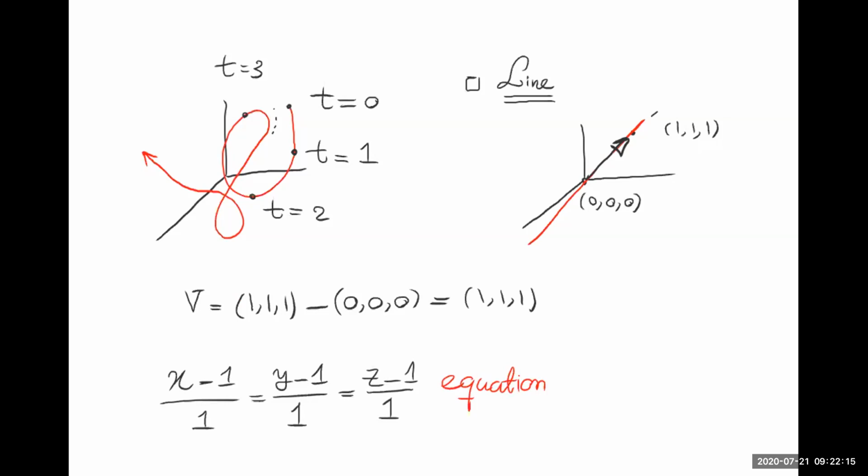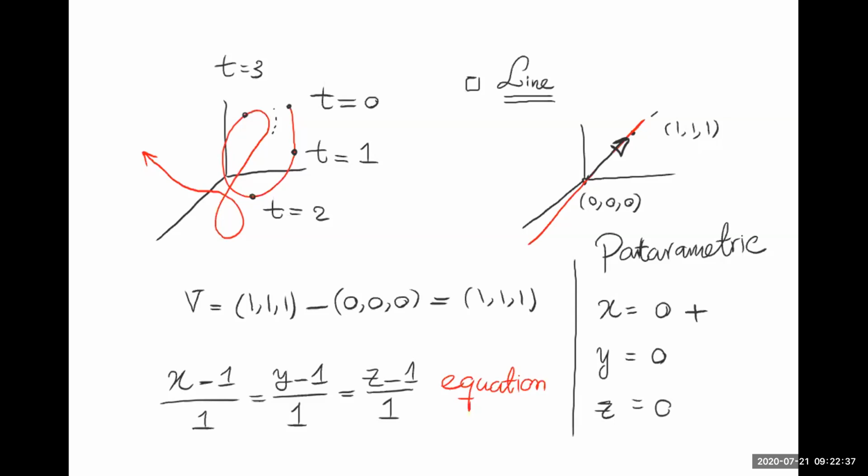But there was another way of describing the same line, and that was what I call a parametric equation or a parametrization. What would have been the parametric equation of this line? Remember, (x, y, z) would be equal to the first point, (0, 0, 0), plus this vector, 1 times t, 1 times t, 1 times t. So it's something in terms of time t.